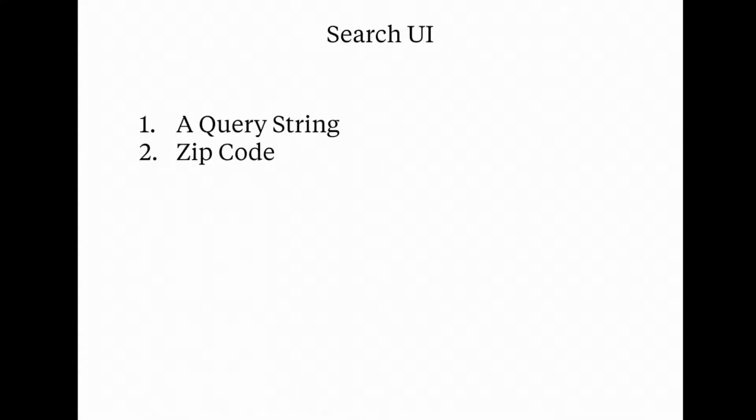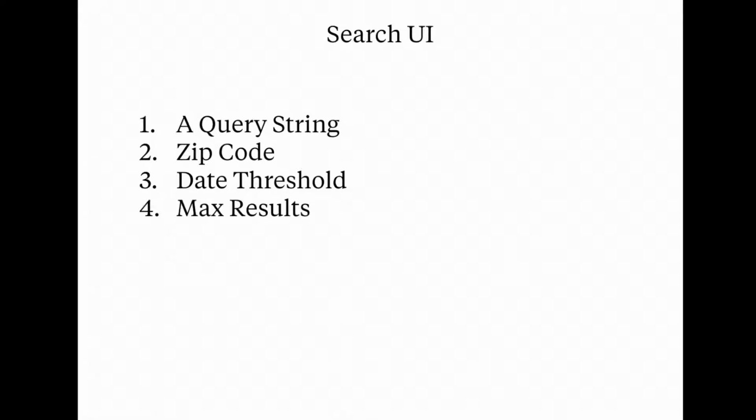You could have things like a date threshold, so only show me the stuff more recent than some date. Right, and you can keep going, like max results, a bunch of refinements. These are things we're probably used to passing into a network call or appending as a query parameter on the URL to send to a remote API. That's nothing out of the ordinary.